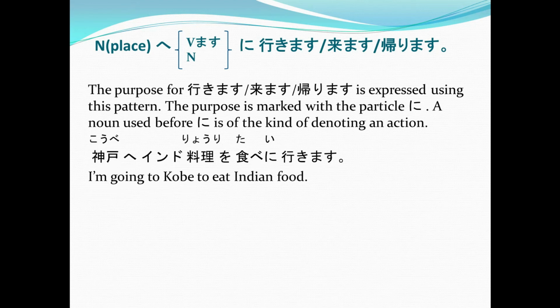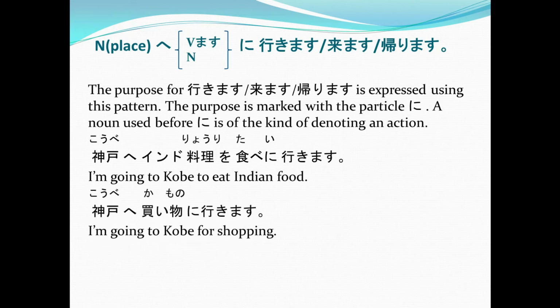Again, Kobe de indo ryouri o tabe ni ikimasu. Note how we change tabemasu into tabe ni ikimasu, wherein the purpose of going to Kobe is to eat Indian food.